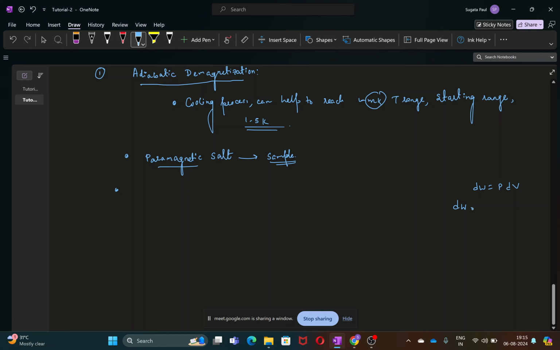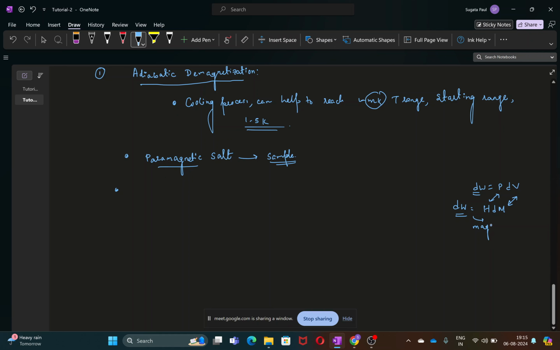So this is not some magnetic work done. Similarly, in work dimensions, it can be expressed in an analogous form as H dM, where H can be thought of as analogous to pressure, and M, the magnetization, can be thought of as analogous to volume. So this is the analogous expression of the same work done, but in this case it is a magnetic work done, because all the magnetic terms are involved.